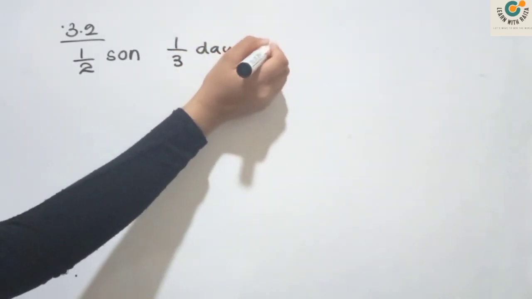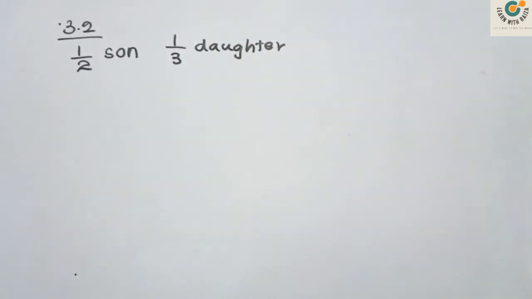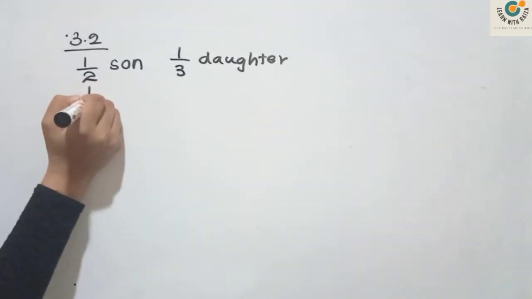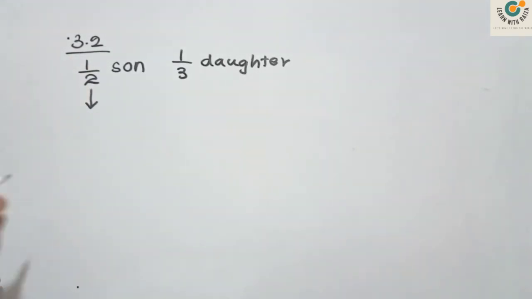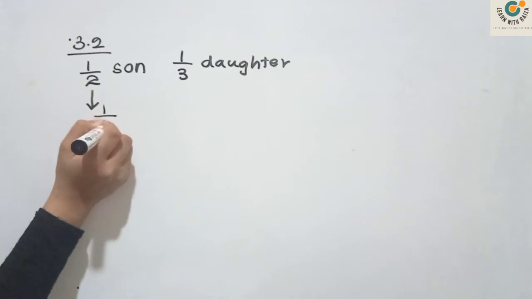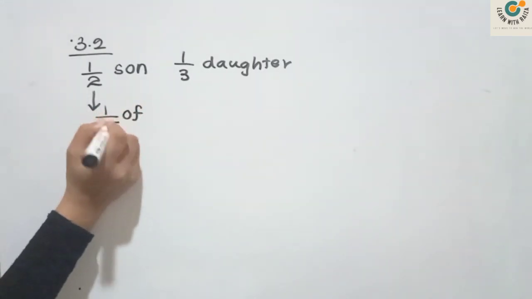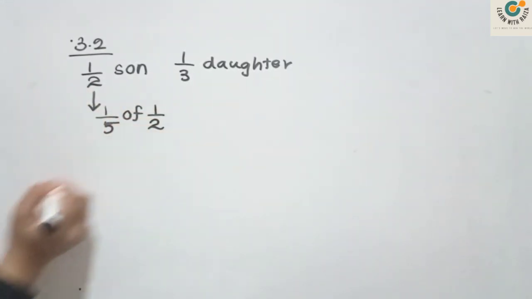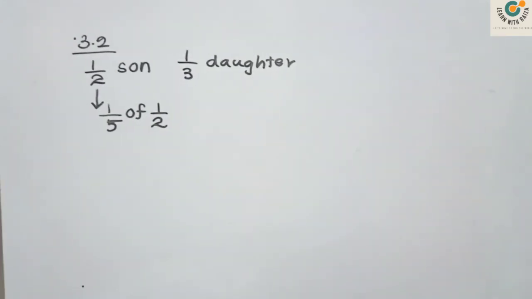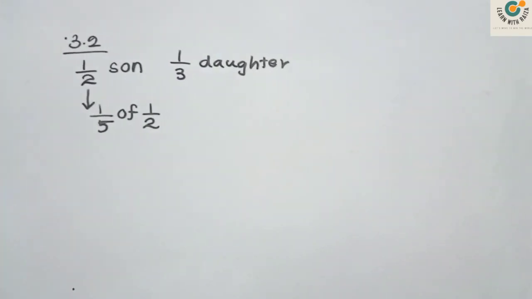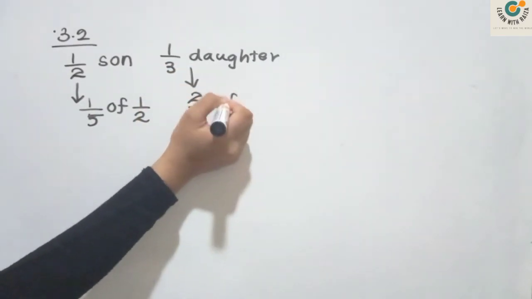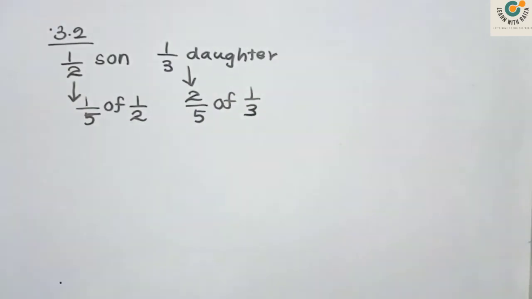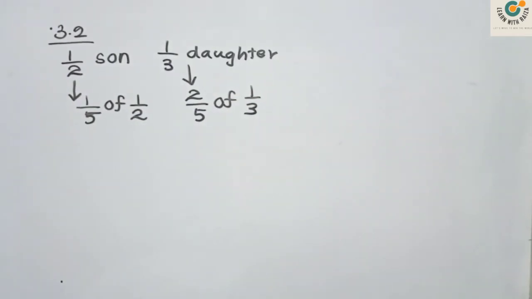The son donated 1/5 of his portion, so you should write 1/5 of half, that is the donated portion. And the daughter donated 2/5 of her portion, 1/3, to the charitable foundation.